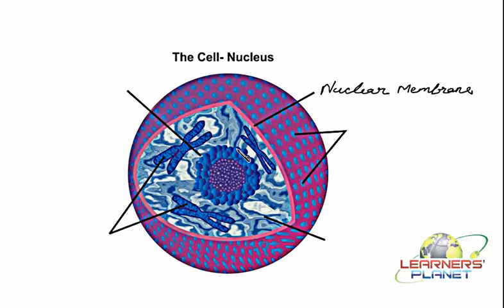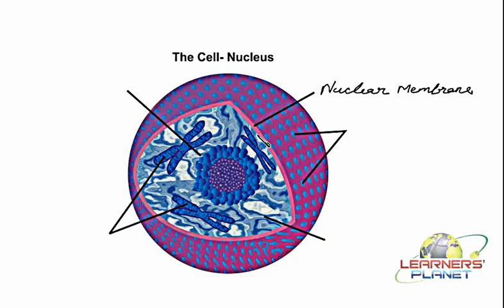You have to simply write the outer nuclear membrane or the inner nuclear membrane. It is very simple: if it is on the outer side, it is the outer nuclear membrane, and if it is on the inner side, it is the inner nuclear membrane.